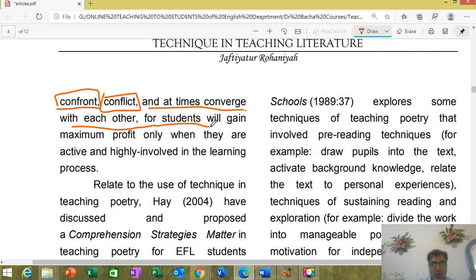For students will gain maximum profit only when they are active and highly involved in the learning process.